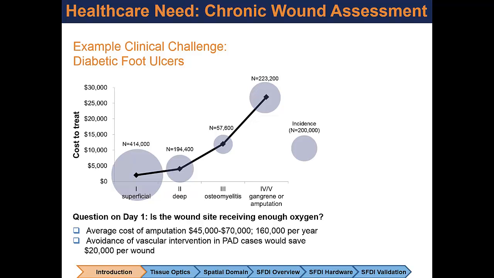The average cost of amputation is $45,000 to $70,000. It's obviously very catastrophic for the patient. And avoidance of these things would save about $20,000 per wound, and that's probably a low estimate. A simple intervention like advising to get better shoes or tie your shoelaces, and forcing that through the healthcare system, would potentially avoid a lot of those injuries.